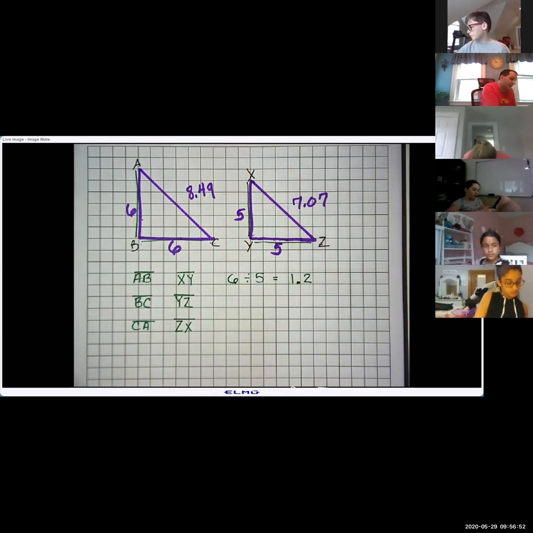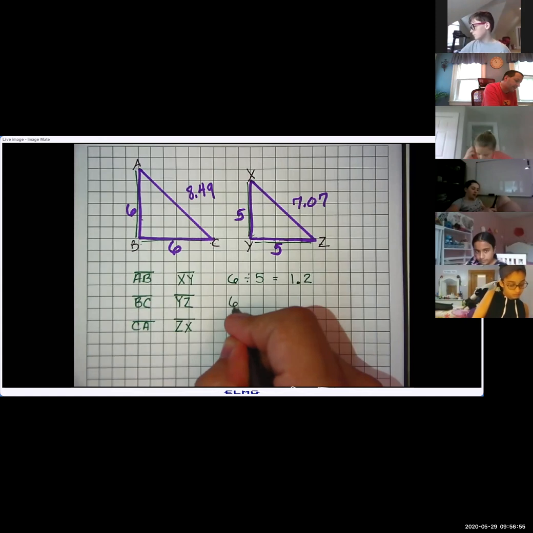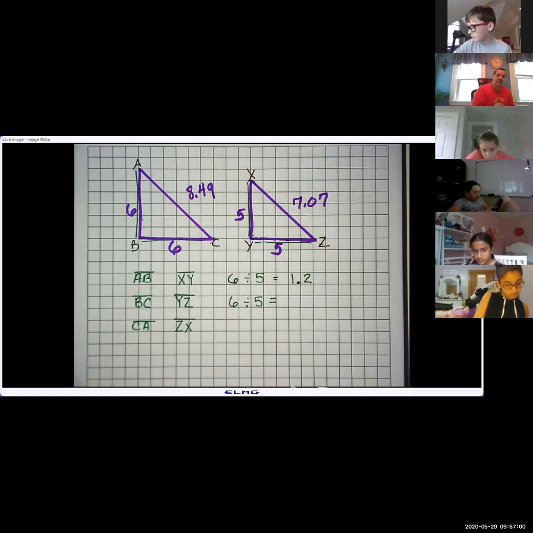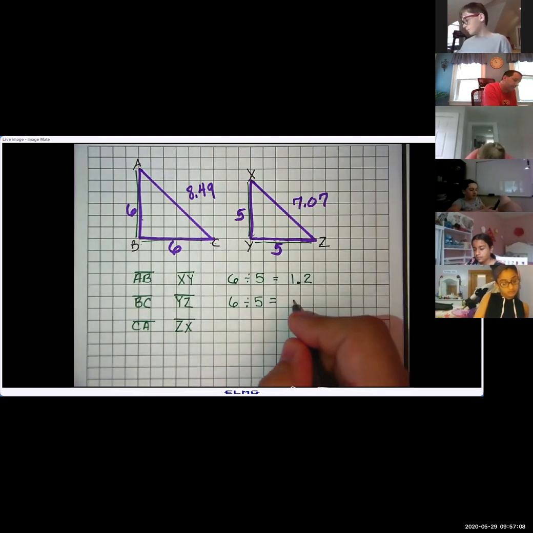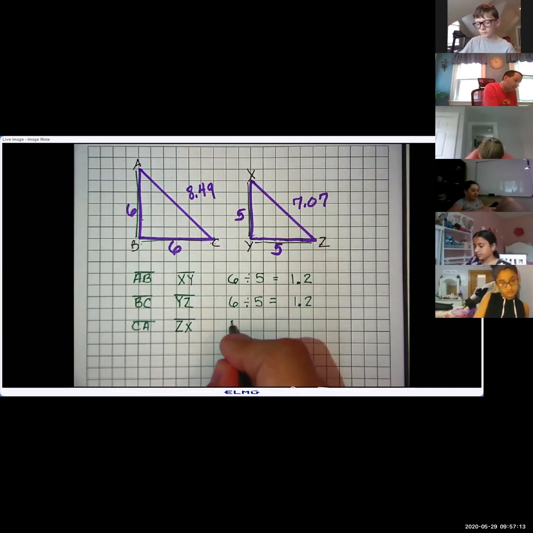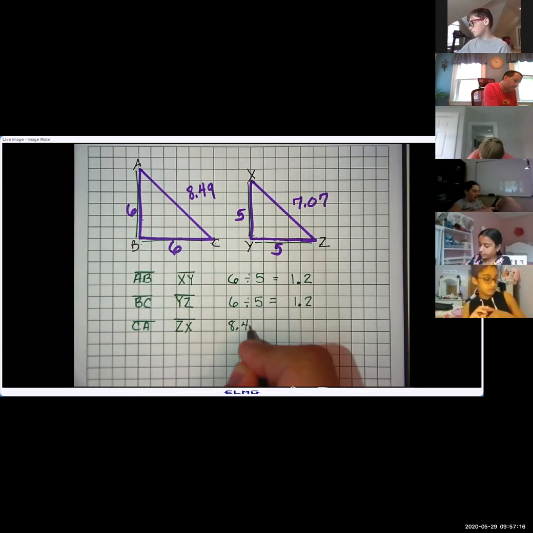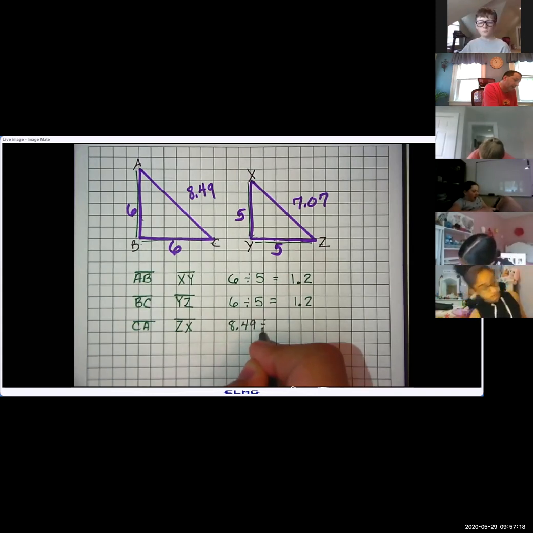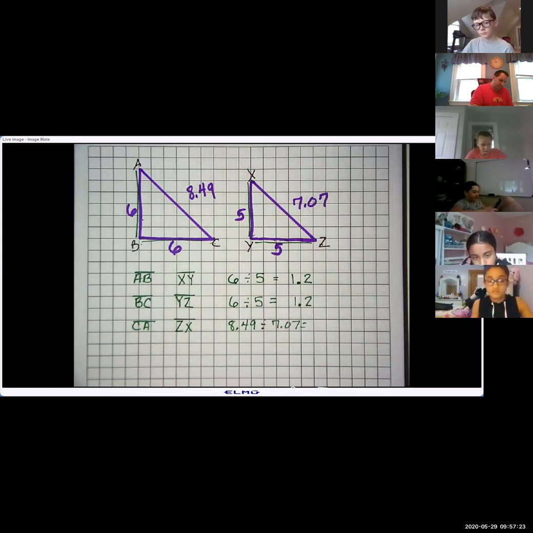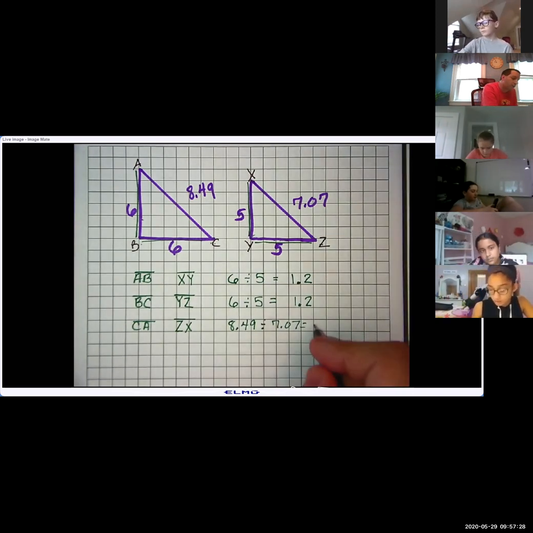Now BC is 6 divided by YZ, which is 5. 1.2, we already did it. CA is 8.49 divided by 7.07. 1.2.